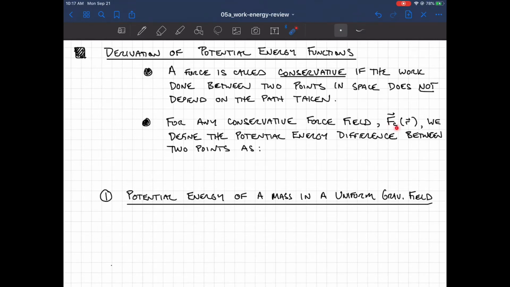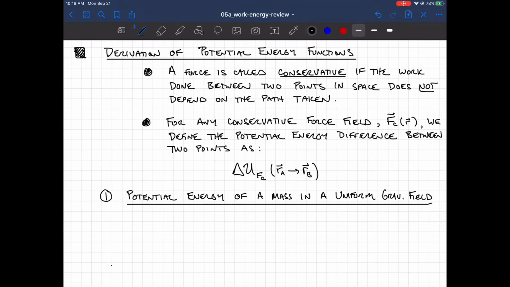So if we say that there's a conservative force Fc, and I call it a conservative force field because the idea is that for any point in space, r, you should be able to tell me what the force is, then we define the potential energy due to Fc, and we should say between 2 points in space, so like from point A to point B.